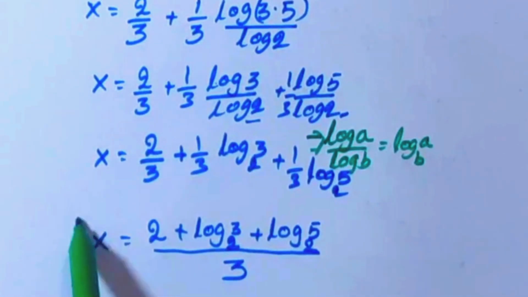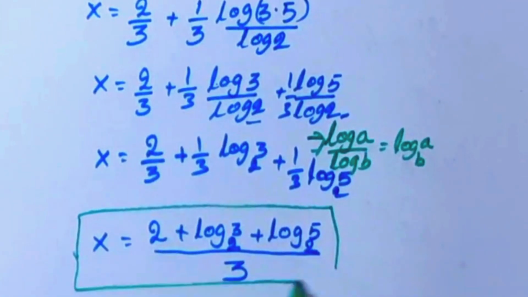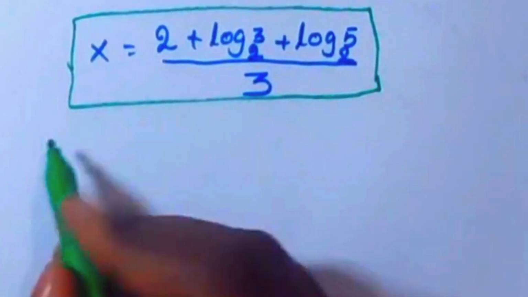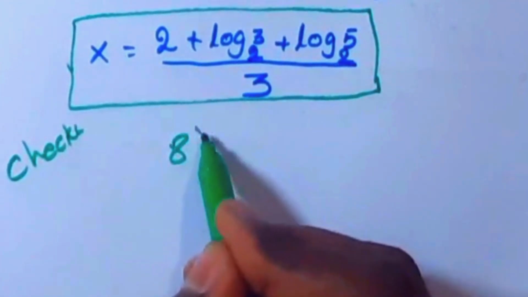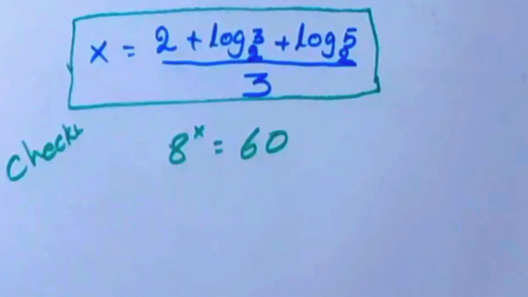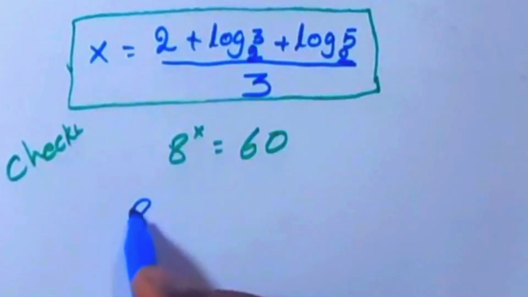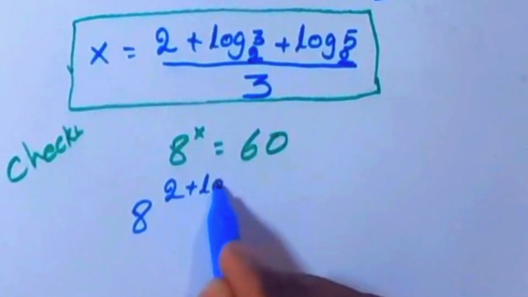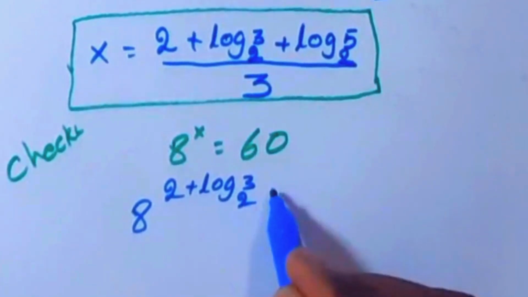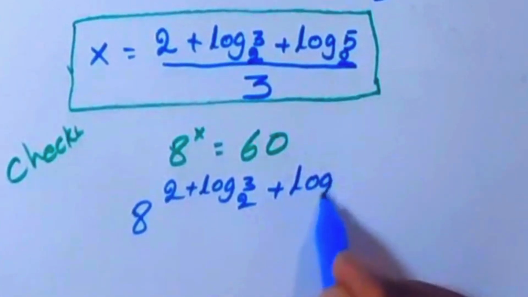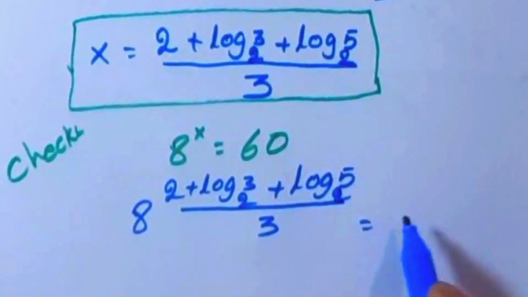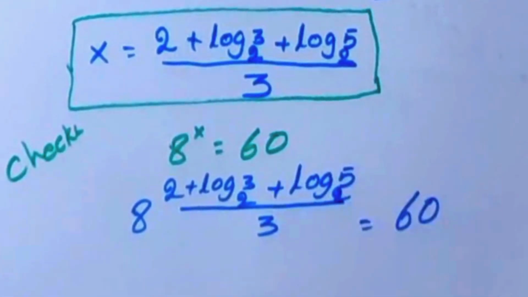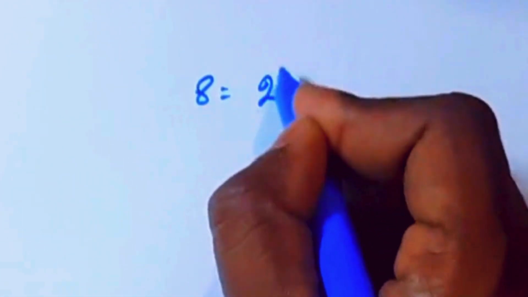This is the x. Now we are going to verify this x with the equation. Check with the equation 8 power x equal to 60. Now 8 power (2 plus log 3 base 2 plus log 5 base 2) whole divided by 3 equal to 60. Now 8 can be written as 2 power 3.